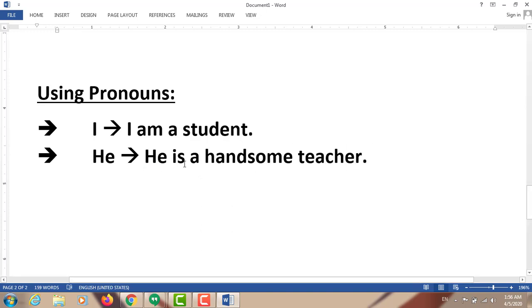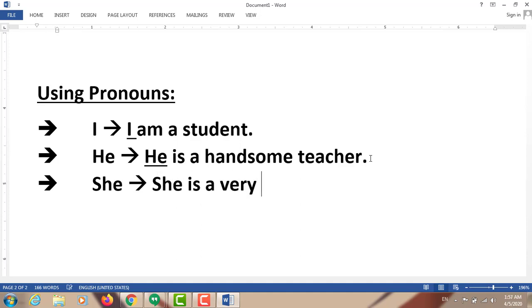So this one is I, and this is he. Next one is she. She is used for a female. Female means a girl or a woman. Okay, "She is a very good person."